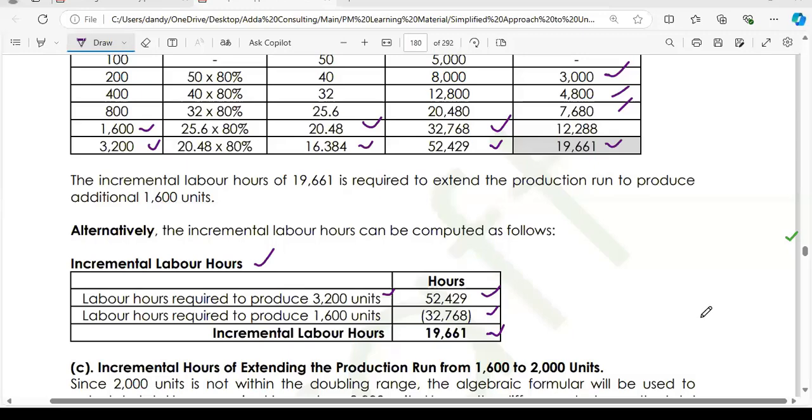I've explained it too in my initial examples. I said that the required output is equal to 1,000 units. I also gave you another required output equal to 6,400.